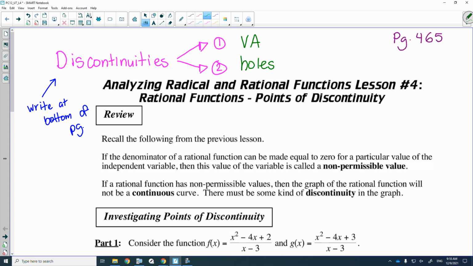You need to be able to figure out when you're given a function if it's got VAs or if it's got holes. The only thing you need to remember for this is the following. VAs will have no common factors. So just write that and then I'll give you an example. So no common factors. Holes in your graph will have common factors.